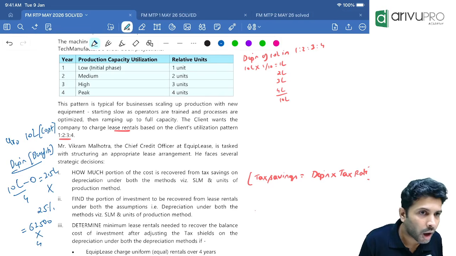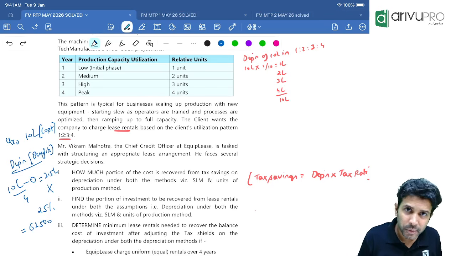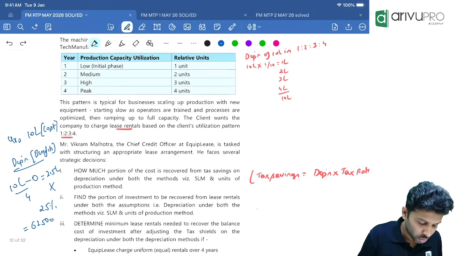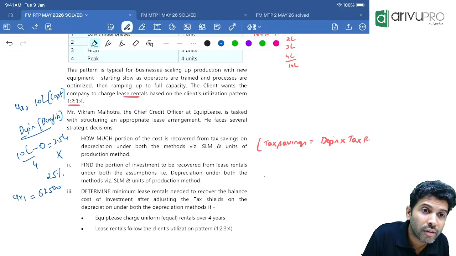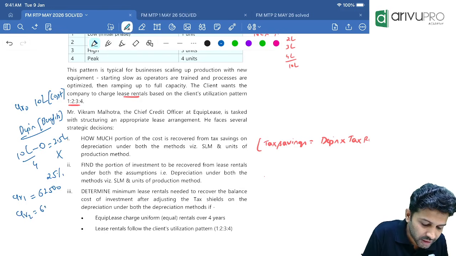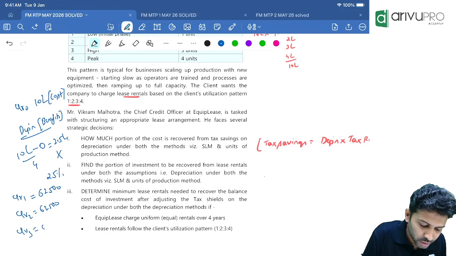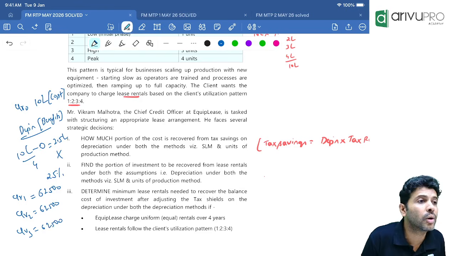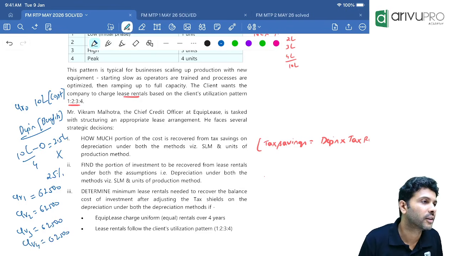Wait. Depreciation, will you get it immediately or at the end of the year? At the end of year 1, you will get a benefit of 62,500. Second year, again, a benefit of 62,500 due to depreciation. Third year, again 62,500. Fourth year also, how much? 62,500.